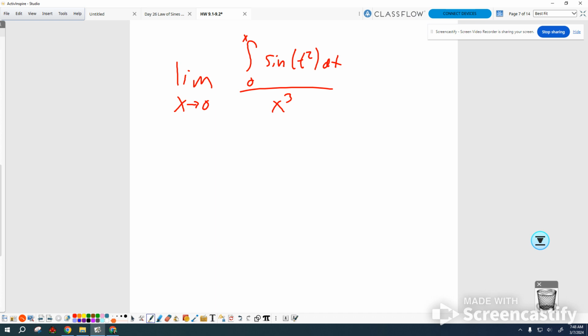So, is this an integral or are we evaluating a limit? Limit. So, some of you did this.